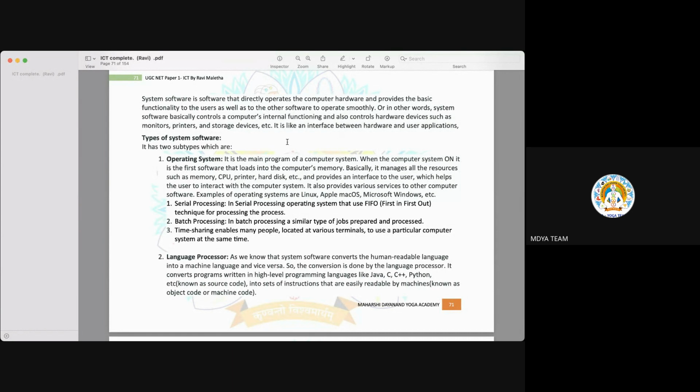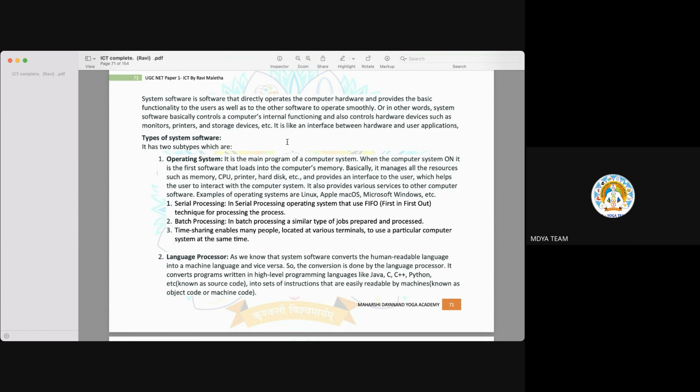When the computer system is on, the first software that loads into the computer memory is the operating system. It manages all the resources of the computer, that means the memory, CPU, different types of output devices or input devices, and it also provides an interface to the user to communicate with the computer system, which helps the user to interact with the system.